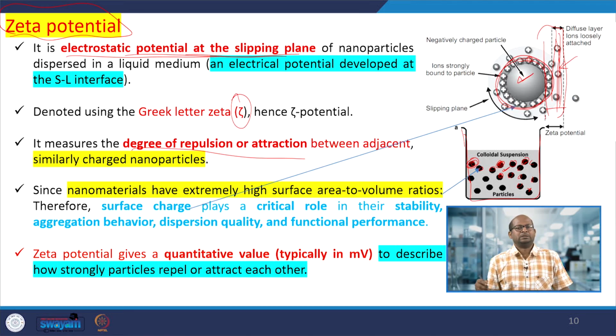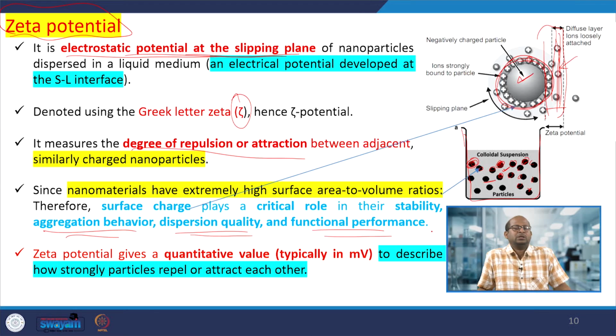When you have taken that material in a particular solvent and it is distributed, the material stability, aggregation behavior, dispersion and functional performance all depend on that particular zeta potential or the charges developed on that material.